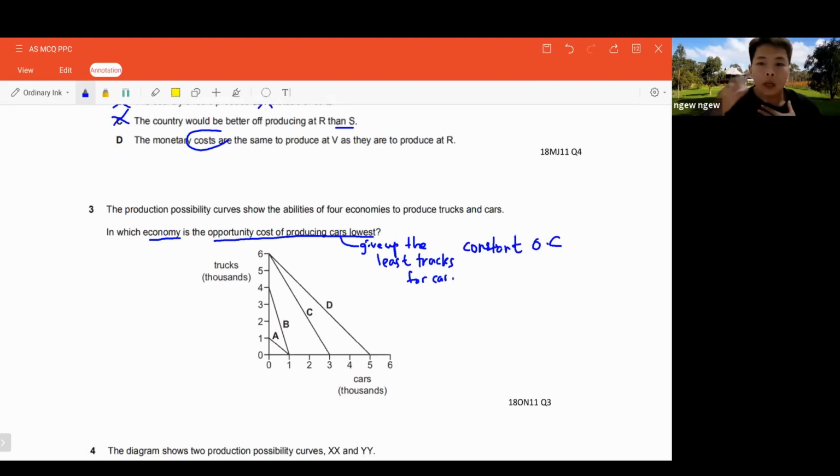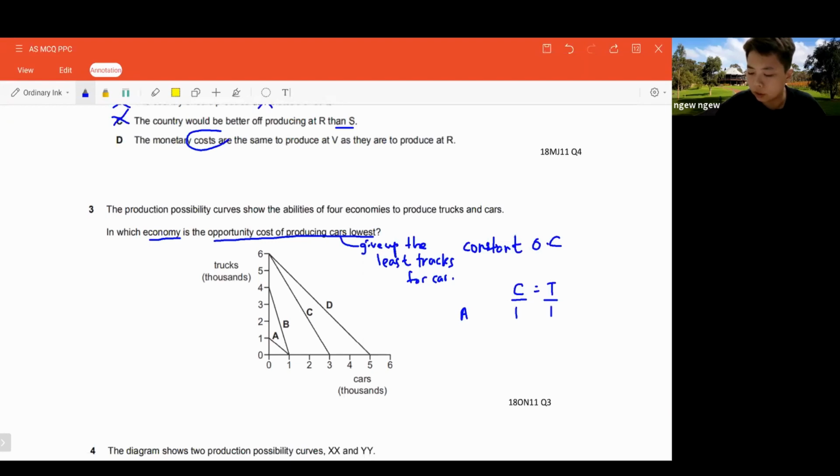So what you need to do, if you are a math student, we can go for a shortcut way, okay? What you can do is use the ratio method. So the ratio of cars to trucks, yeah? For country A, they can either produce 1 car or 1 truck.